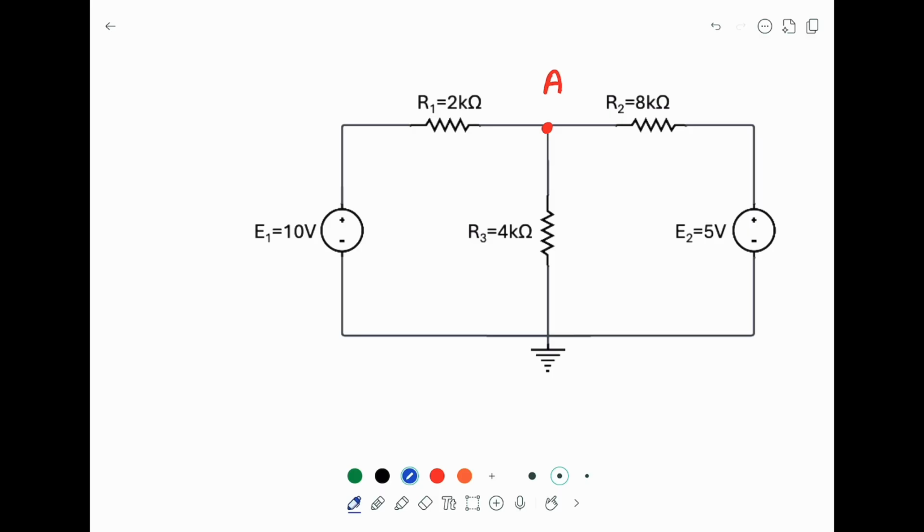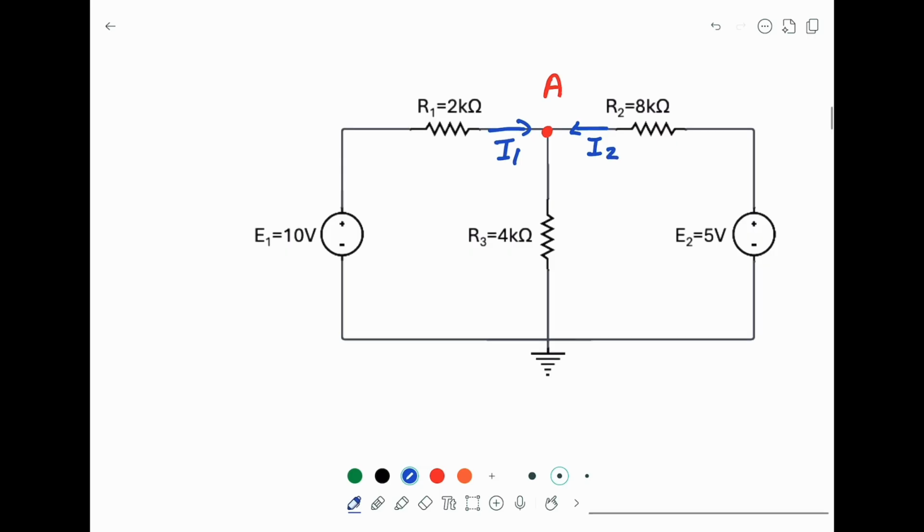The source 10 volt will push the current I1 going into the node, and the source E2 we assume also pushes the current going in, and we assume the current going down this path is I3. Now again, this is the assumption.